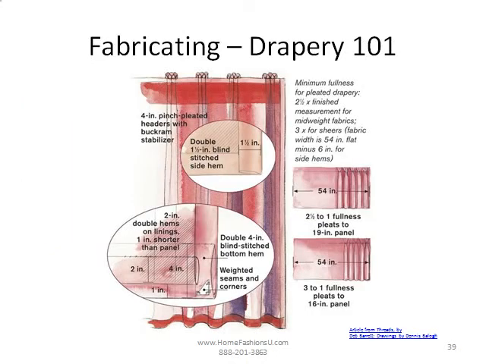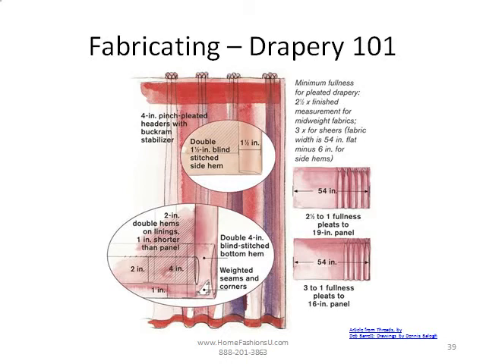This slide shows an overview of the items that we have been discussing. If we want a minimum fullness for a pleated drapery of 2.5 times the finished measurement of the treatment, and that is for mid-weight fabrics, we will want a 3 times fullness for a sheer. Now we are figuring fabric width that is 54 inches flat minus 6 inches for the side hems.